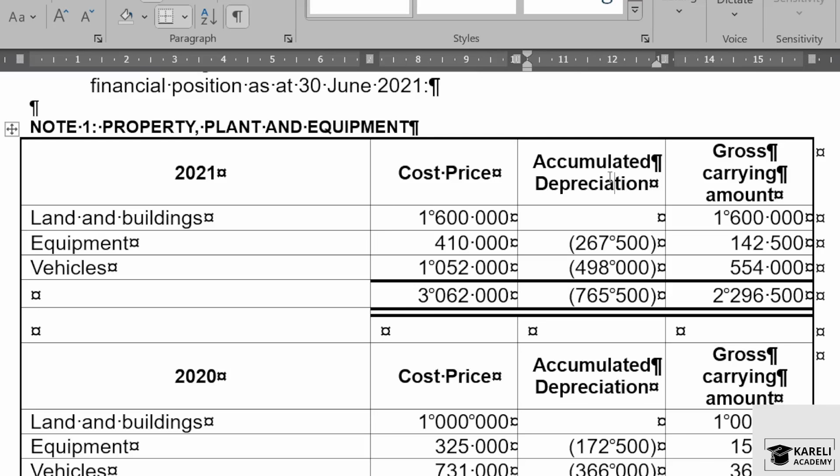Accumulated depreciation until the end of 2020 minus the one that was accumulated until 2021 would give you the difference that is called the depreciation. Are we together? Meaning, to get that depreciation, let us start with depreciation for what? For vehicle.